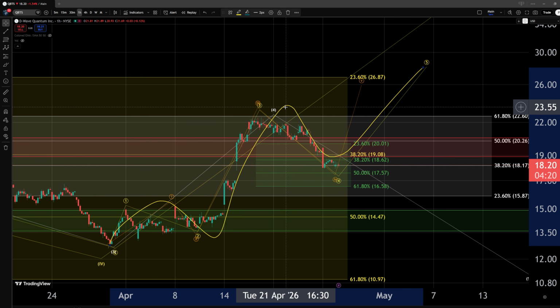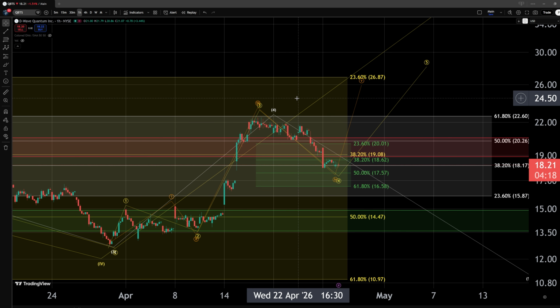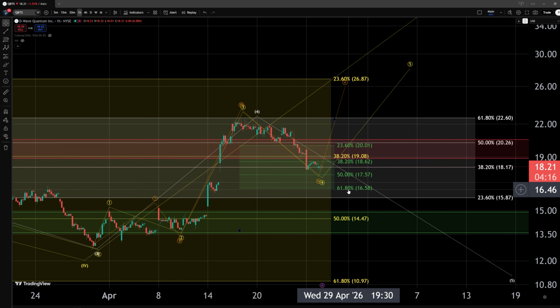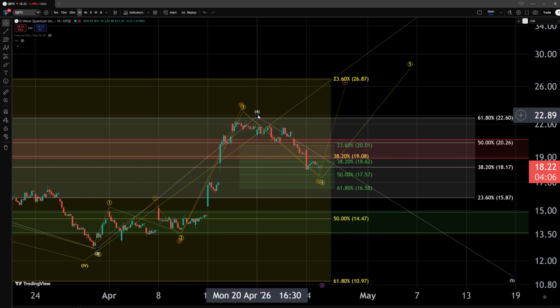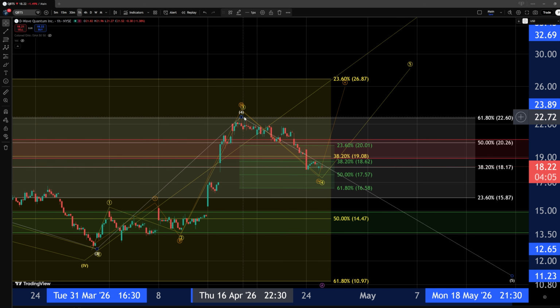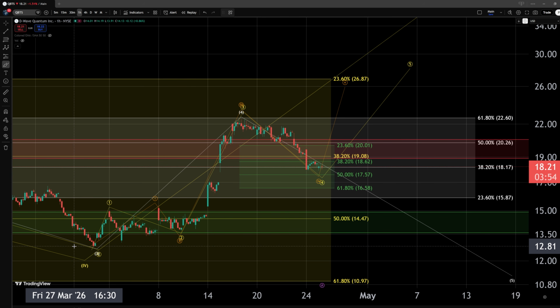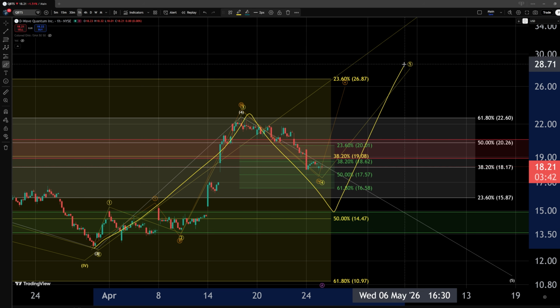Now, in the eventuality of a failure of this support zone down to $16.6, I have no option but to consider that either this white structure is getting the extension, is succeeding in forming one more low, or this is building a larger diagonal structure to the upside, or what could be perhaps even more likely at that point, an A, B, C pattern.